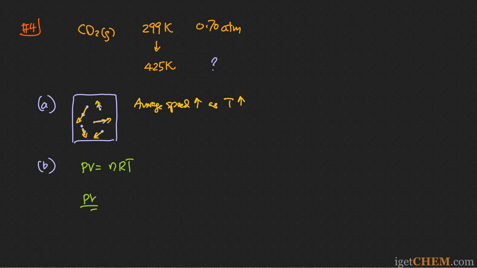PV over nT must be equal to R, and of course this R is the universal gas constant, so that's just a number. And so that means that this combination PV over nT is the same for every gas as long as the gas obeys the ideal gas law, and this is true for every pressure, every temperature. If you put P, V, n, T into this particular combination, it must come out equal to R.